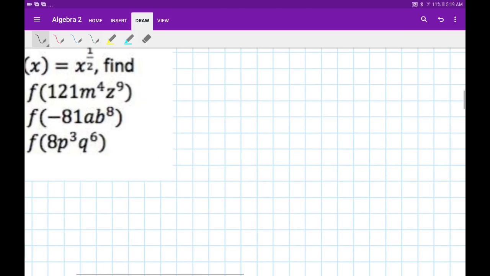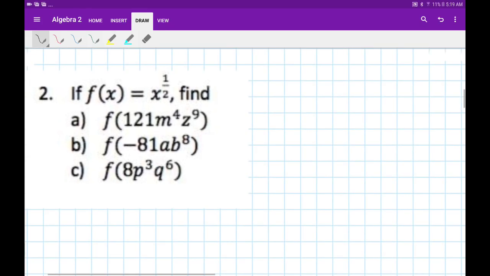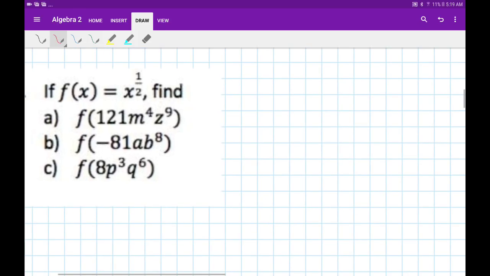Let's go to number 2. So if f of x is x to the 1/2, then our job is to find, let's start with A, f of 121 m to the 4 z to the 9. So the first thing you want to do is take this and plug it into the correct function.